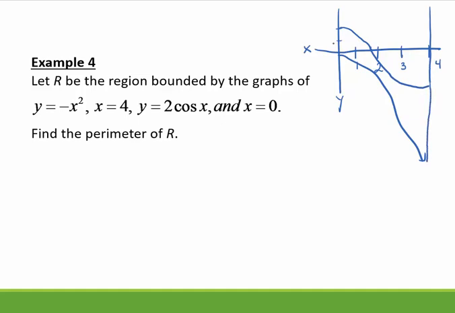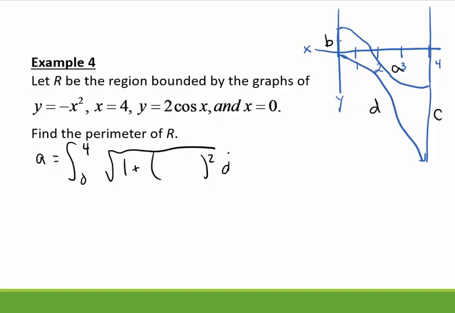So I'm finding the perimeter of this. I like to split it up into, I'm going to say that region's A, this is B, C and D. Okay, so A is our integral from 0 to 4 of the square root of 1 plus derivative of that function squared dx.